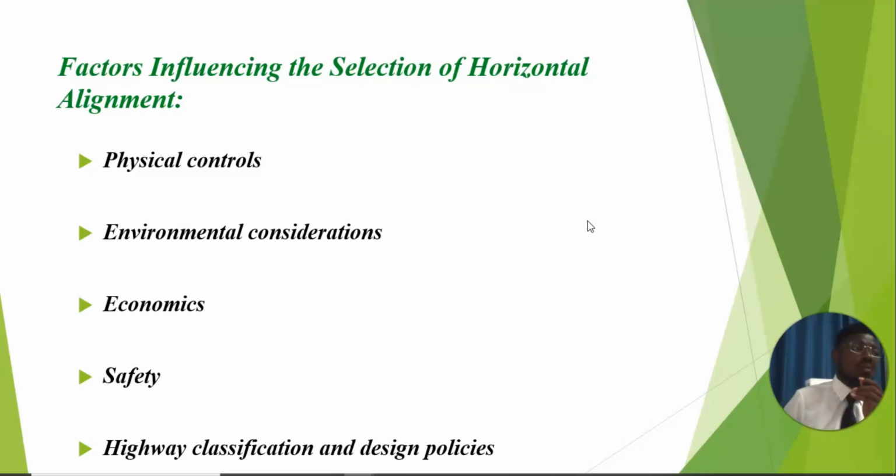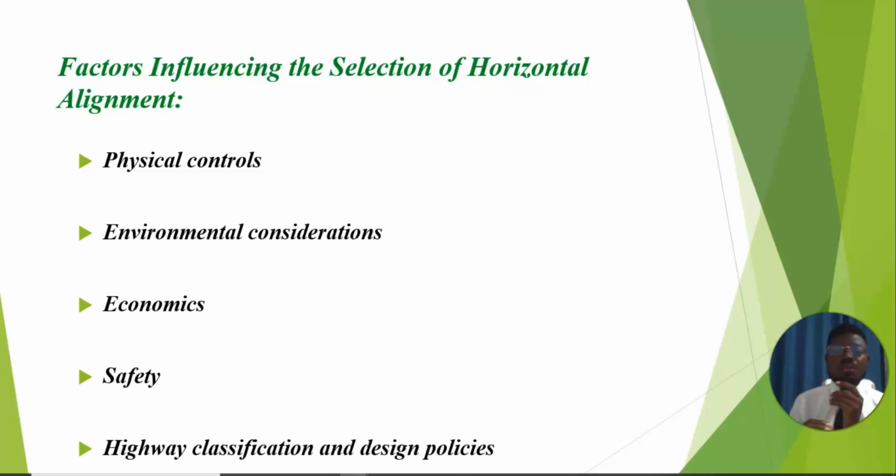Now we have to look into the factors influencing selection of horizontal alignment. So before we decide on which horizontal alignment we are selecting, there are some factors that we need to take into consideration. So number one factor we have here is the physical controls. And under this physical control, that is where we look into things like the topography.